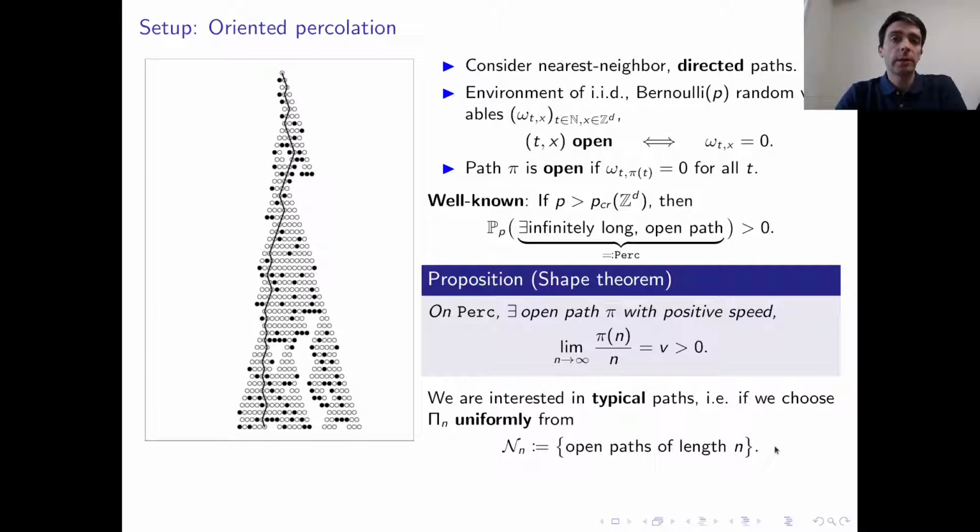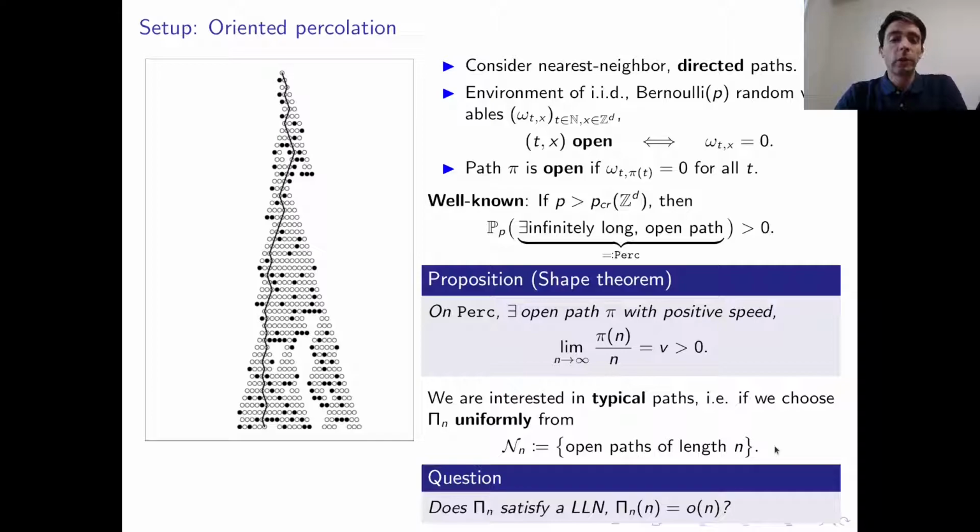It turns out that such paths have a quite different behavior than the kind of paths that appear in existence results. Just to give one example, there is a conjecture that the position of such a uniformly chosen path at time n moves away from the origin sublinearly. So very different from the positive speed behavior that we have before.